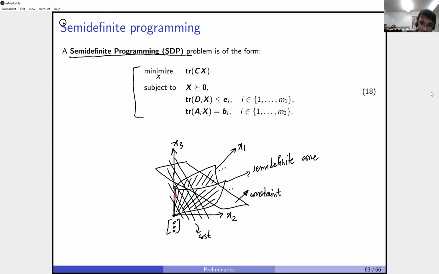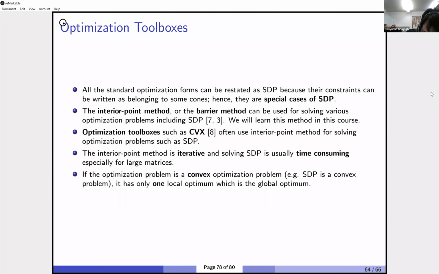So this is the cost, and this is the constraint, inequality constraints, for example. Also we have a constraint to be in the semi-definite cone.